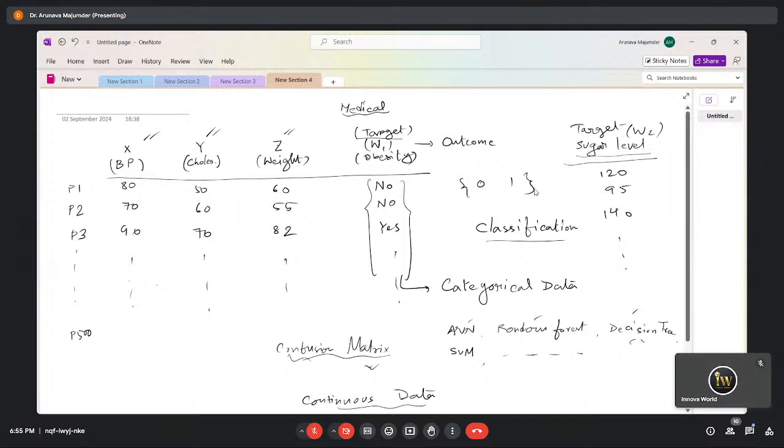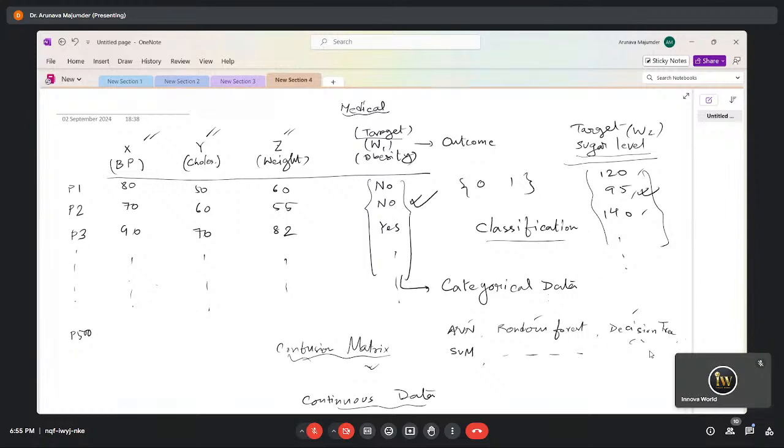So look at the difference between this outcome data set and this outcome data set. This outcome data set is categorical, only yes or no exists, but this is non-categorical where different numbers exist.